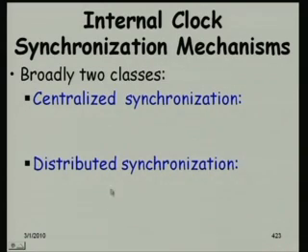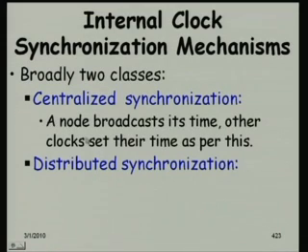Whereas in a distributed synchronization, the clock values across many clocks will be used to synchronize the different clocks. So, here one of the nodes will broadcast its time, and other nodes will set their time according to this.